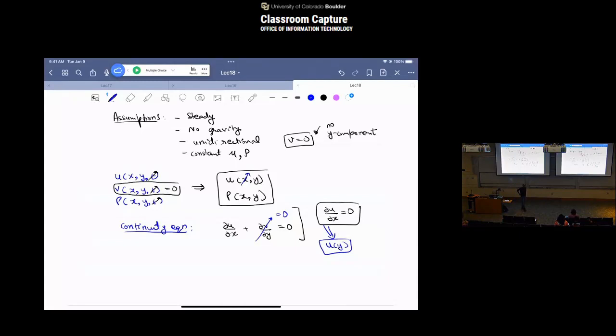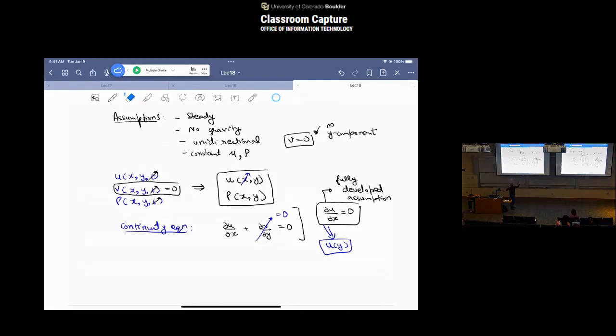By the way, I just want to make a note here. In some undergrad fluid mechanics classes, they explain this in more detail, and we'll talk about this in more detail in the third part of the course. This is sometimes called the fully developed assumption. Some books will say assume fully developed and then show that small v is 0. We have said small v is 0, so we get del u by del x equal to 0. But some books will say del u by del x is 0 because of the fully developed assumption, and then say small v is 0.